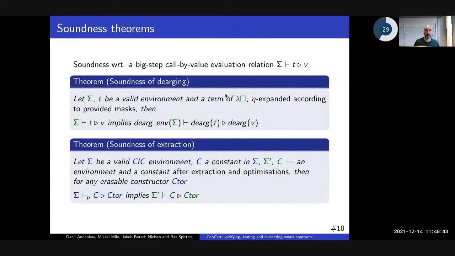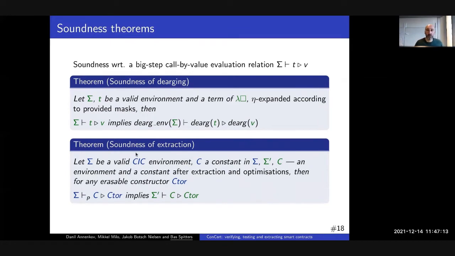Now all of this has been verified, and what we proved is soundness with respect to the big step weak call by value evaluation relation that we have in MetaCoq. So if in Coq the term t evaluates to the value v, then the same happens for the erased term t and v.